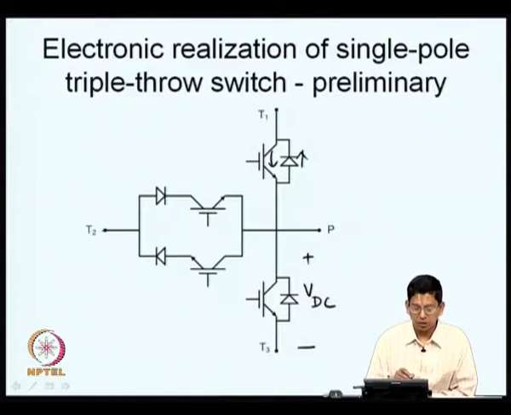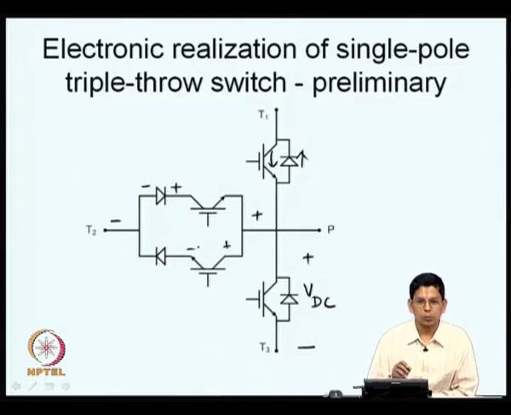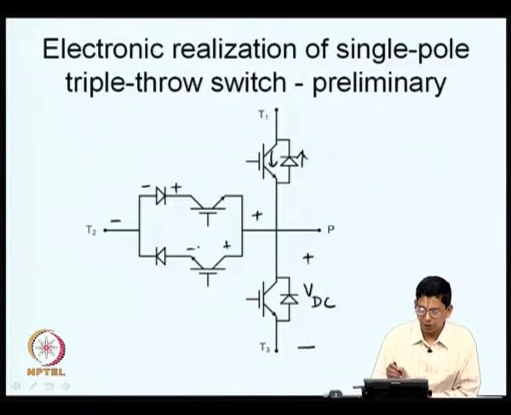So, now this is plus VDC by 2 with respect to the midpoint. Now, one of the switches should be blocking here, and P is now positive with respect to T2. So, if you take this path, this diode will be blocking, and if you take this path, this transistor will be blocking. This potential is VDC by 2.